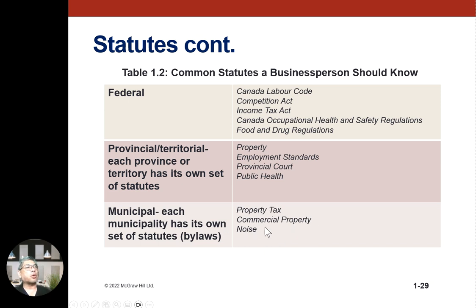A good example of a bylaw is noise: if you pass by Oakville or maybe Burlington in the Lakeshore area, there is a noise bylaw for any muffler, any noise of the car, or modified muffler for any car or motorcycle above a certain noise level. So that is called a bylaw. Okay.